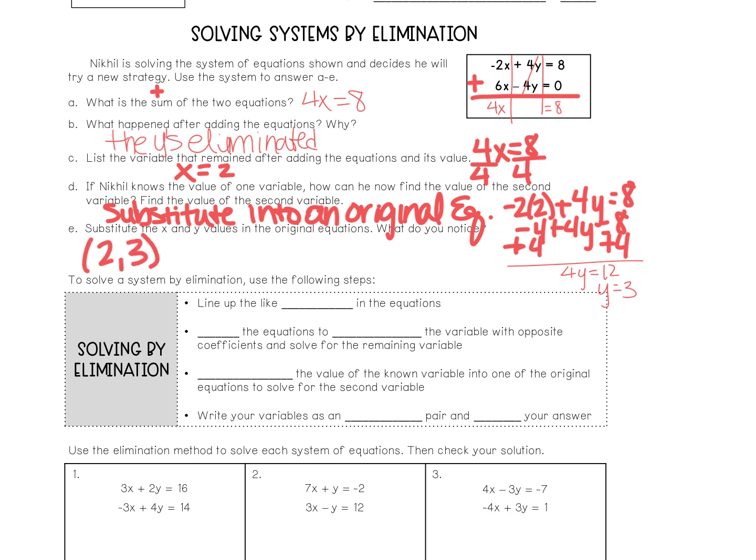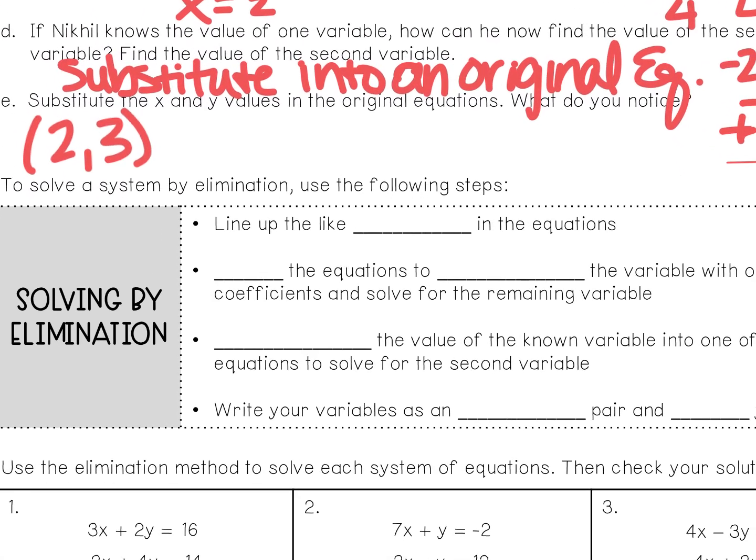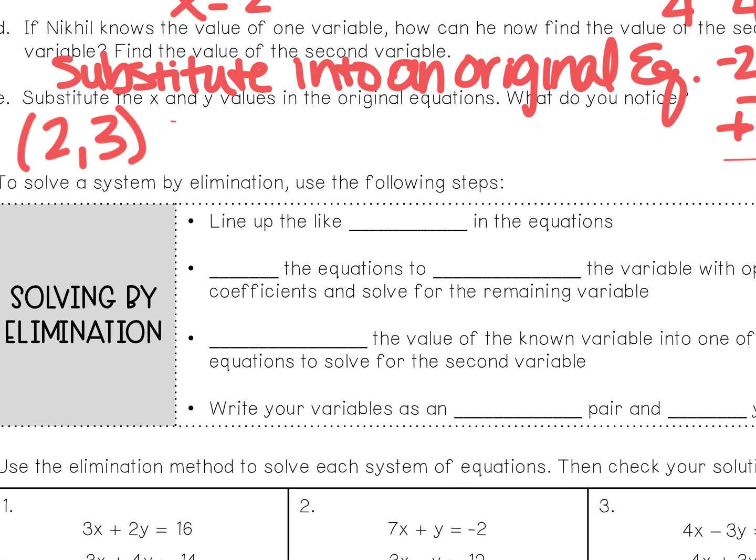Substitute these in, and that's how we can check it. So my first equation, -2, instead of x, I'm using 2, plus 4, instead of y, I'm using 3, equals 8. When I put that into my calculator, or if I solve by hand, -4 plus 12 is in fact 8, so that works.